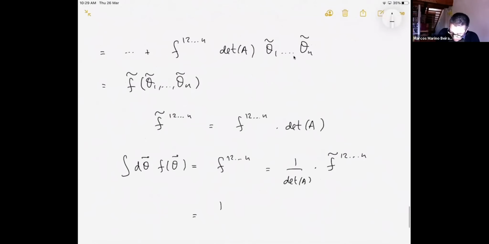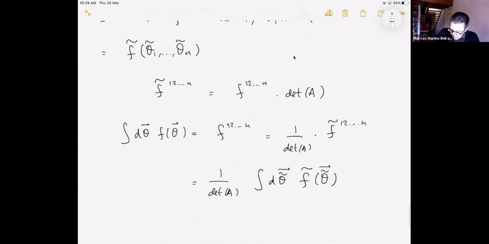But this is precisely 1 over the determinant of A times the integral of d theta twiddle times f twiddle of theta twiddle, since by definition of Grassmann integrals, this integral is the highest coefficient in f twiddle. So the formula is established.